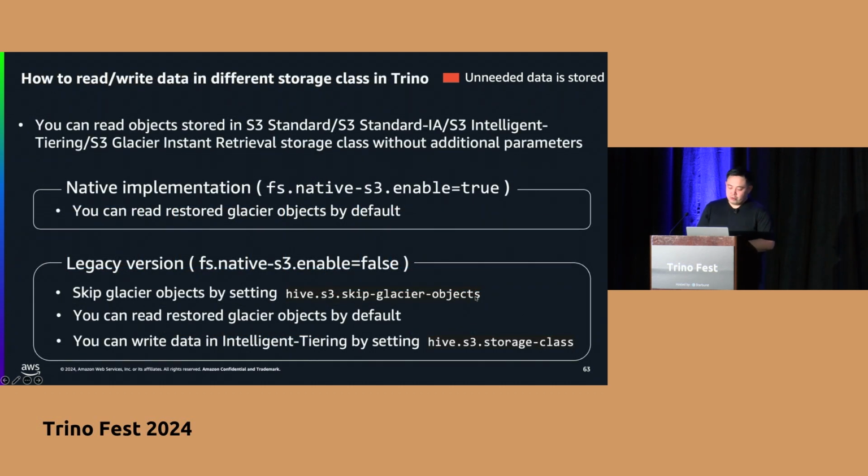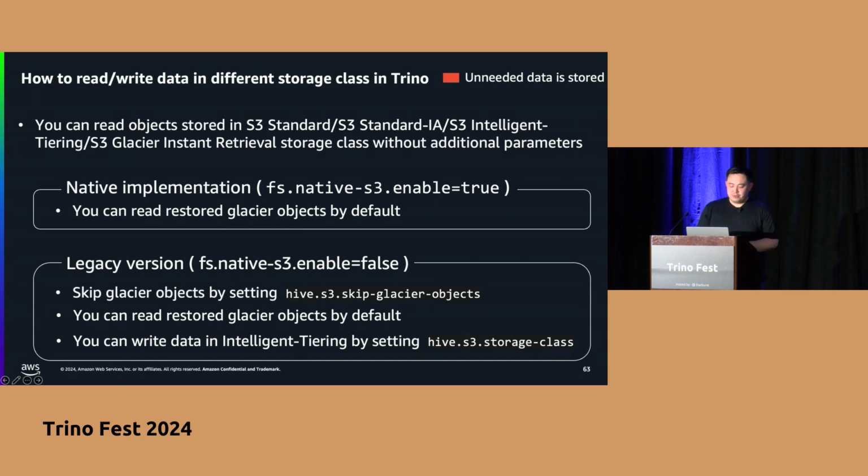When you're reading or writing data in different storage classes using Trino, you need to be aware that the behavior is a little different. You can read objects stored in S3 Standard-IA, S3 Intelligent-Tiering, and S3 Glacier Instant Retrieval classes without additional parameters.